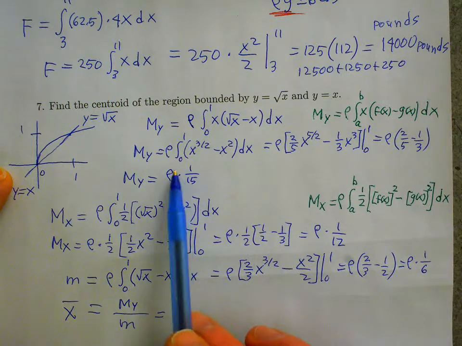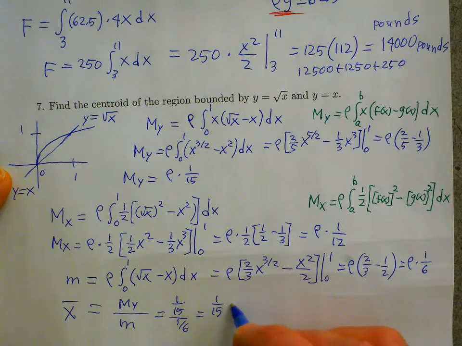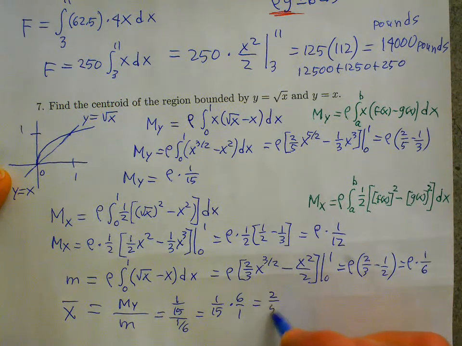So we'll go ahead and ignore rho's since they cancel each other out, and 1/15 divided by 1/6 is 1/15 times 6 over 1, and that becomes 2/5 for the x coordinate.